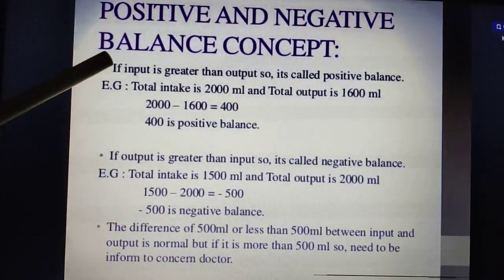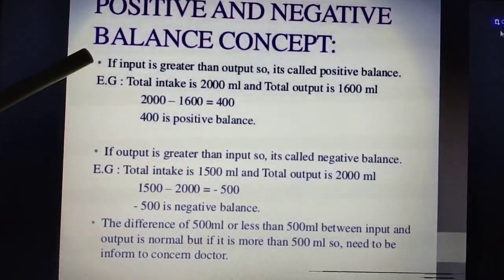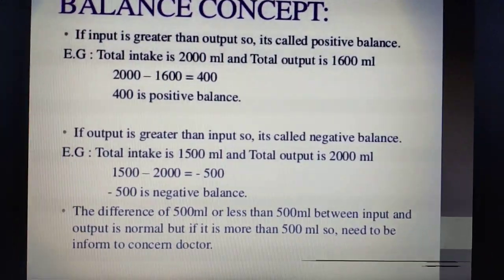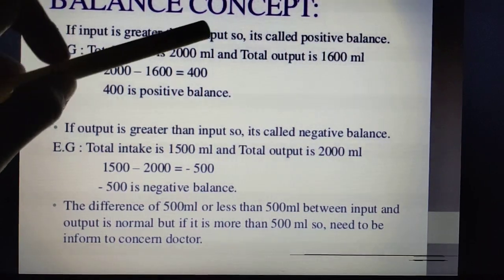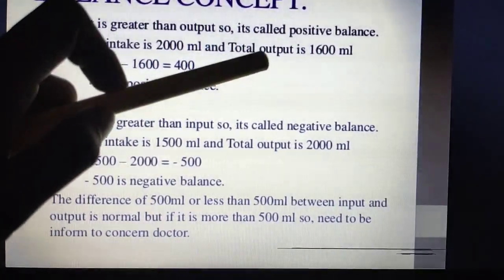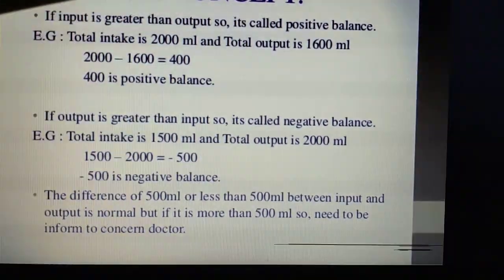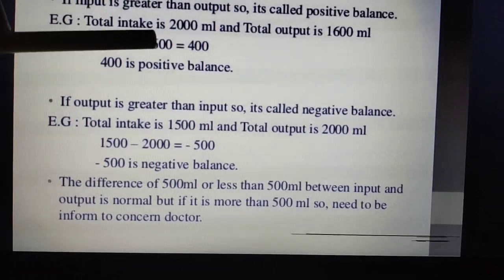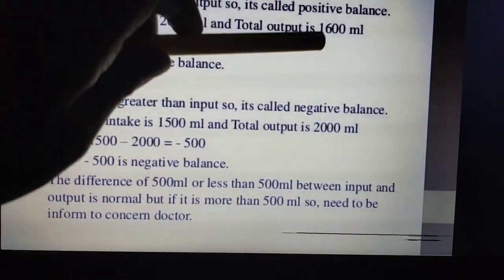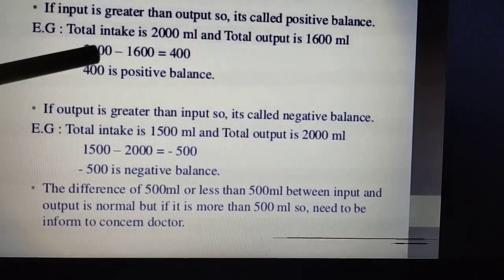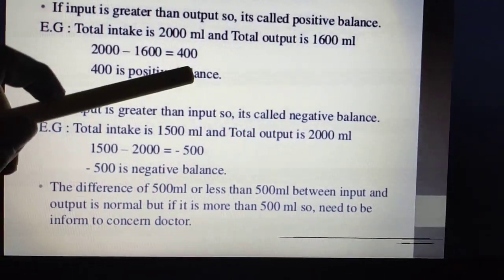Okay. Now we'll see what positive balance means. Listen now. If input is greater than output, it is called positive balance. What do you mean by this? Very simple. Total intake is 2000 ml, meaning 2 liters, and total output is 1600 ml. If you subtract 1600 ml from 2000 ml, what is the difference? 400 ml, isn't it?